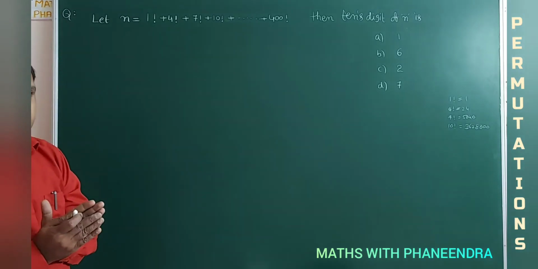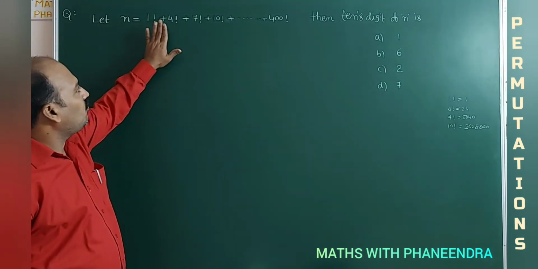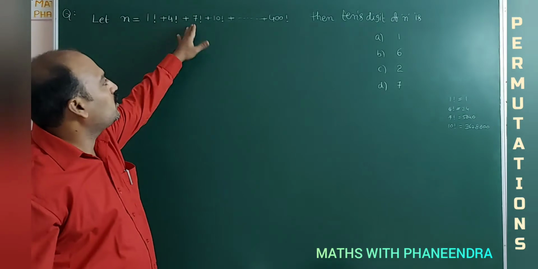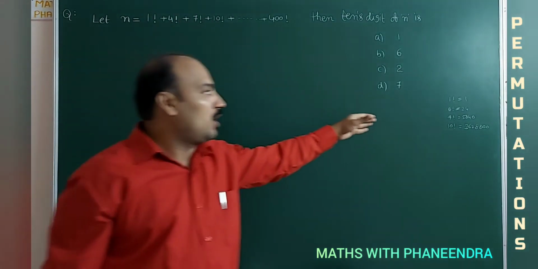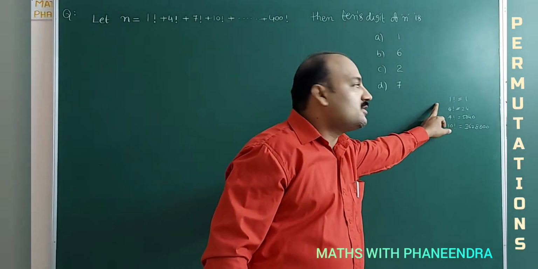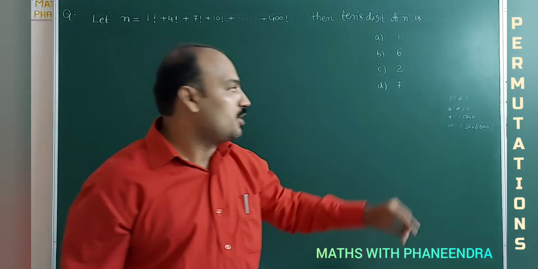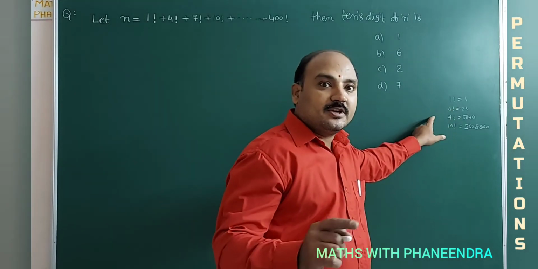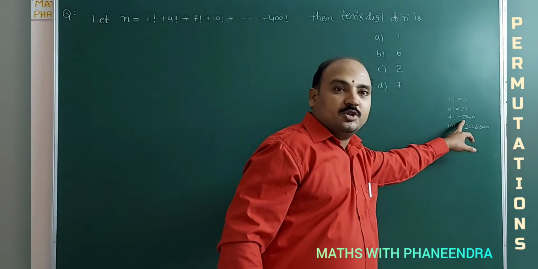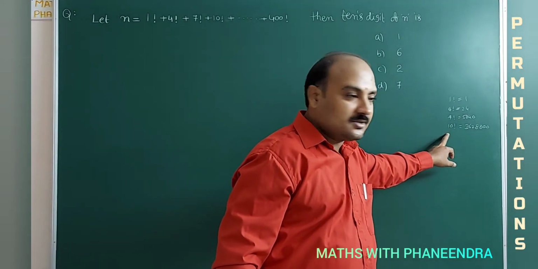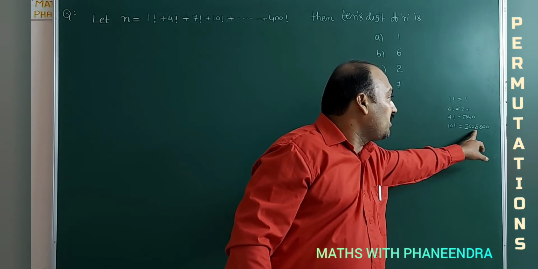observe carefully dear students, I will explain clearly. n is equal to 1 factorial plus 4 factorial plus 7 factorial plus 10 factorial and so on. 1 factorial, the product of first 1 terms, is 1. 4 factorial, the product of first 4 terms, 1 into 2 into 3 into 4, is 24. 7 factorial, 1 into 2 into 3 and so on up to 7, is 5040. 10 factorial will come to 36 lakhs 28,800.